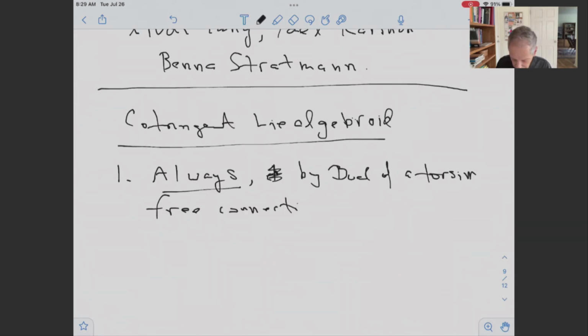So if we have a torsion-free connection on the tangent bundle, it gives a connection on all other tensors, and in particular, it gives a connection on the cotangent bundle, which we call the dual connection. And it turns out if the original connection is torsion-free, then the dual is always preserving of the Poisson structure.